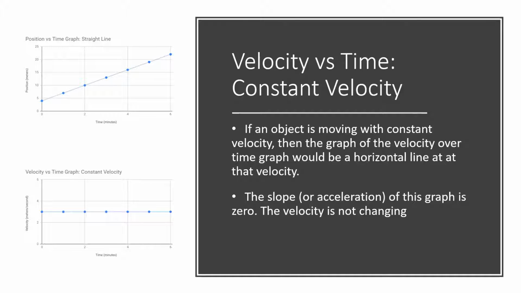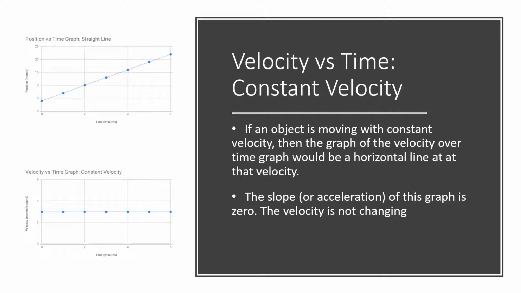So if we go to the second case, where the position versus time is moving as a straight line, then the slope is constant. It's a positive number. It's not 0 now. That slope was 3, 3 meters per minute. But the slope of the velocity graph is 0.